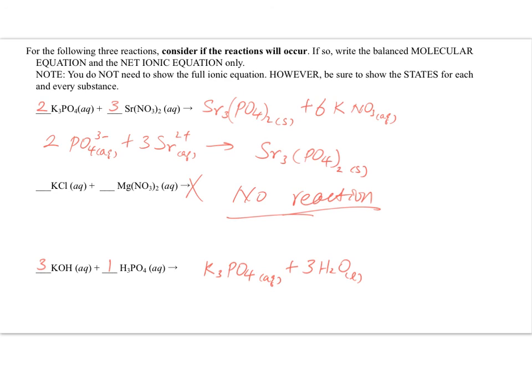So therefore, the net ionic equation for these reactions is actually hydroxide ion reacting with phosphoric acid to produce phosphate ion and water. And this is the final result.